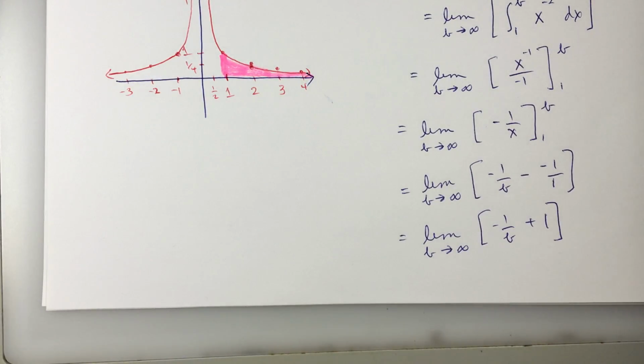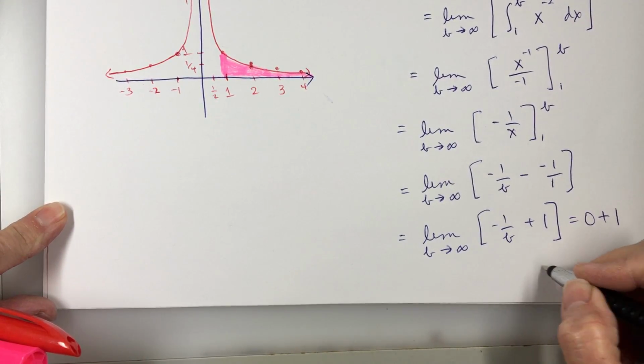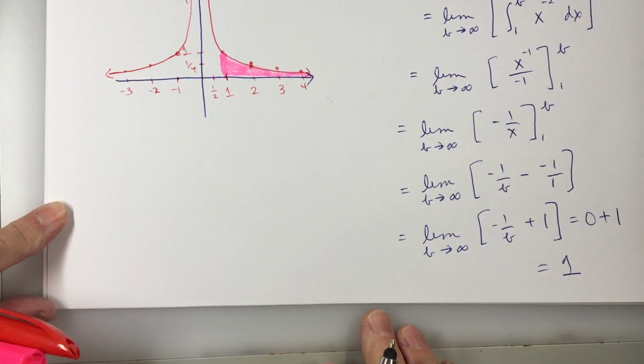What is this limit of negative 1 over b as b approaches infinity? That is 0. That's a problem from last semester. So this would be 0 plus 1, and the answer is 1.